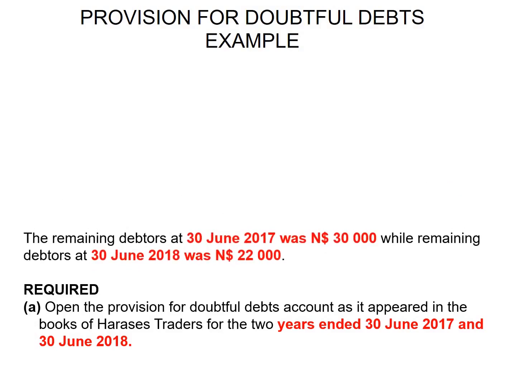And then the remaining debtors for 30 June 2017 was $30,000 and 30 June 2018 was $22,000. So we see we need to open the provision for doubtful debts account for 2 years, 2017 and 2018. Now let's move on to our ledger.